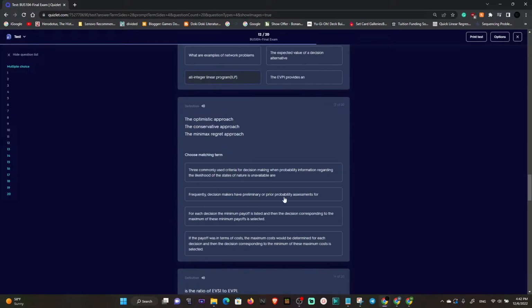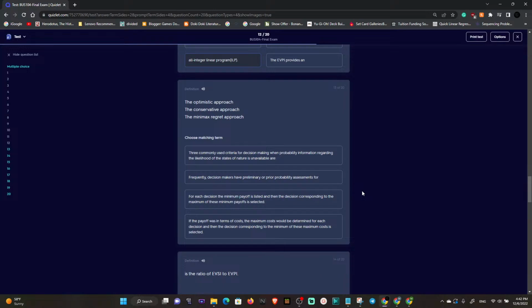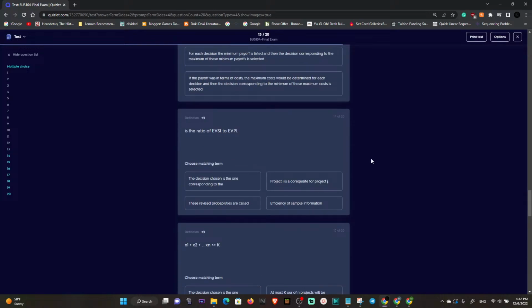B. The optimistic approach, conservative approach, minimax regret approach. Those are the three commonly used criteria for decision making when probability information regarding the likelihood of the states of nature is unavailable. You're up. It's a ratio of EVSI to EVPI. It's the efficiency of sample information. D.